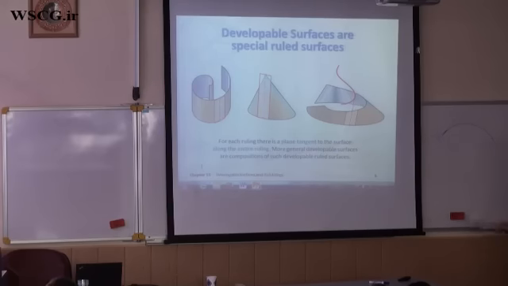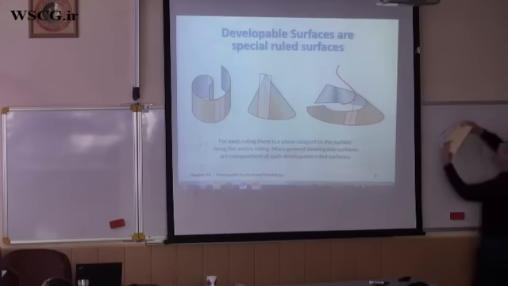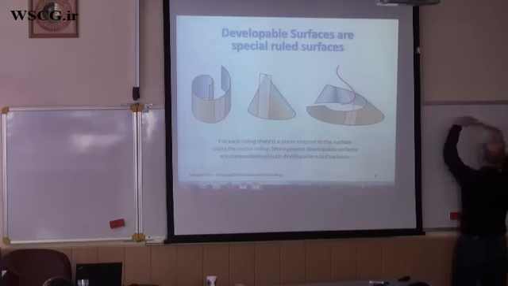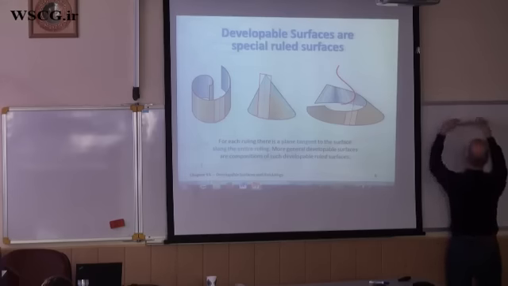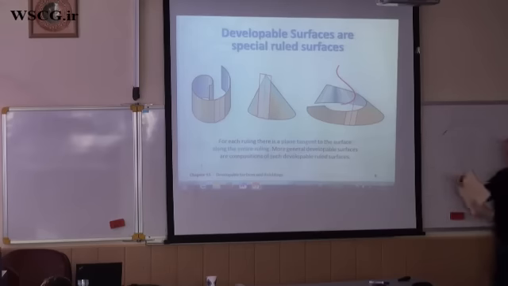And now it depends on how your planes move. If all your planes are, say, orthogonal to a plane, like here, to this board, then these planes will envelope a cylinder which has this curve here as a cross section.